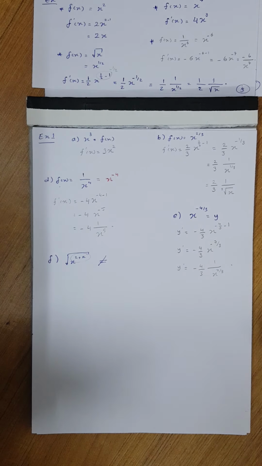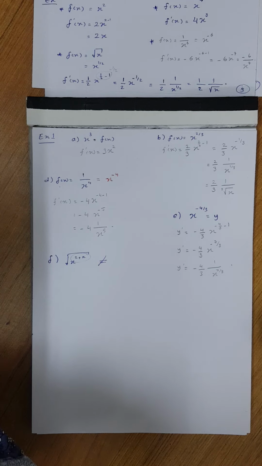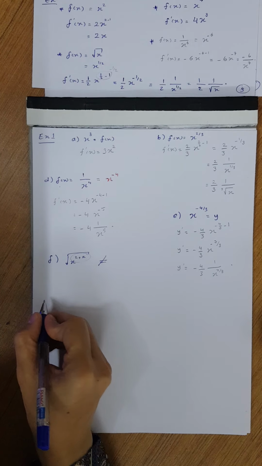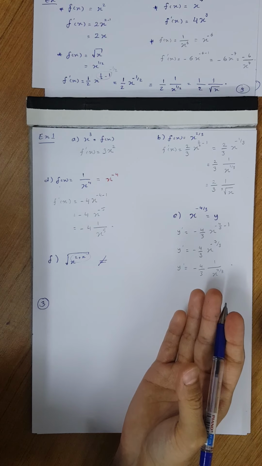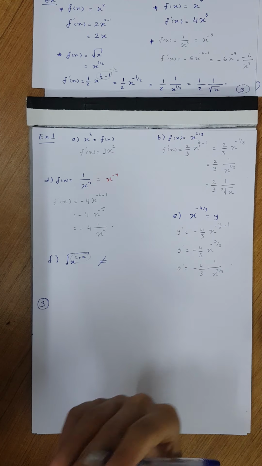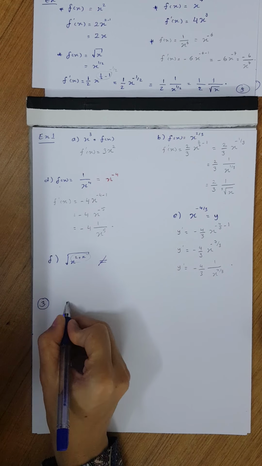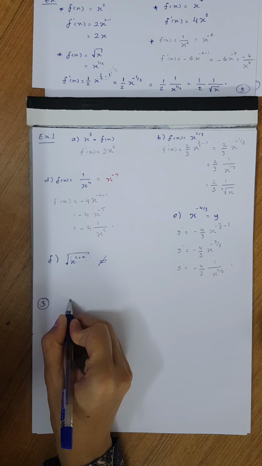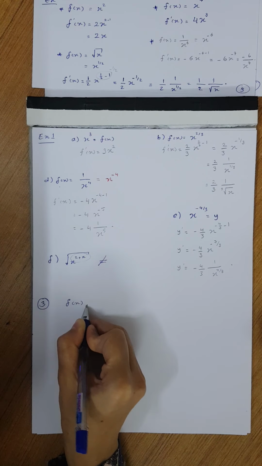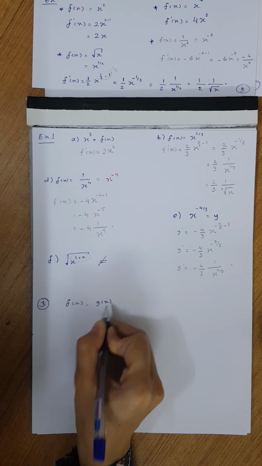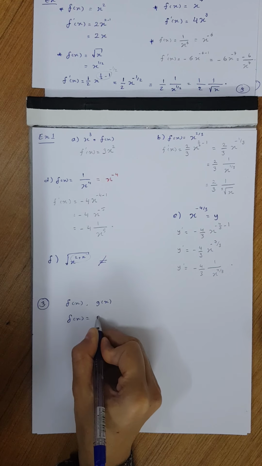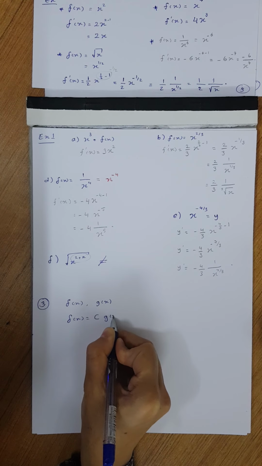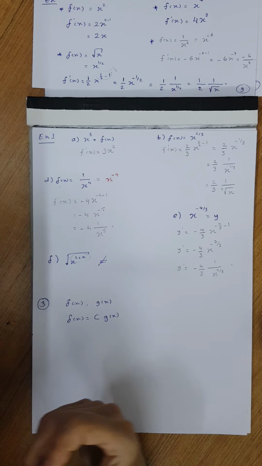So that is all about the power rule. Next, we have the constant multiple rule. What is the constant multiple rule? If we have a function and that is multiplied with a constant number, for example f of x equal to c multiplied to g of x, where that c is any constant.